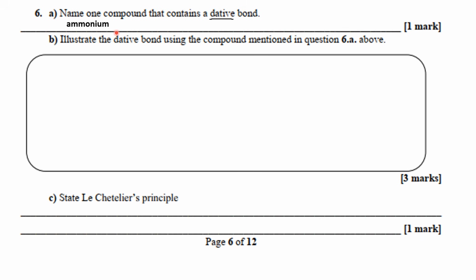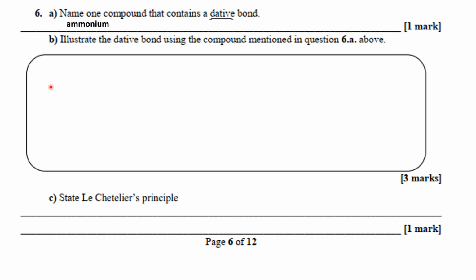Welcome, learners. If you mention the hydronium here, or now we have mentioned ammonium, question B is saying illustrate the dative bond using the compound mentioned here. So B depends on A. If you said hydronium ion here, that means we will have to illustrate hydronium ion.